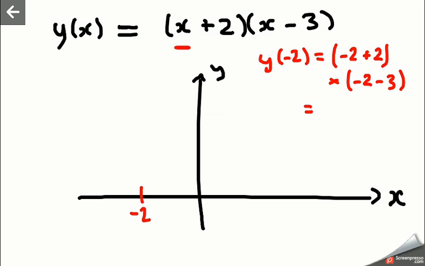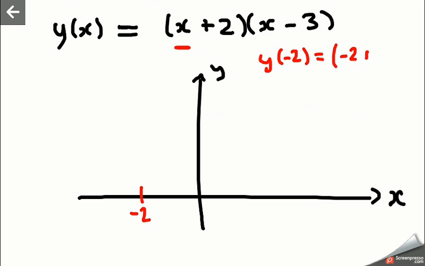Negative 2 plus 2 is equal to 0, and we're multiplying that by negative 2 minus 3, so 0 times negative 5, well, 0 times anything is still 0. So put in x equals negative 2, you get 0.